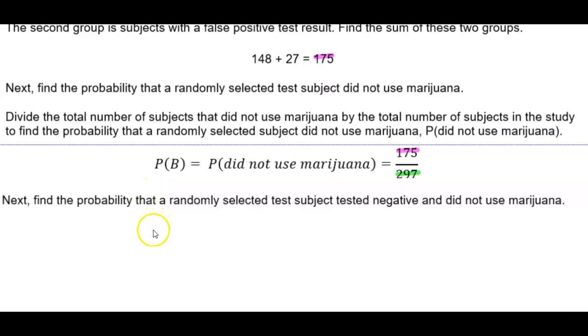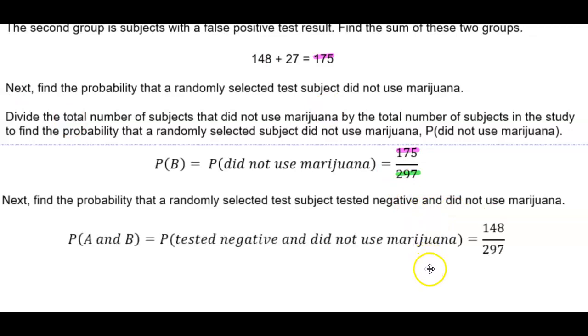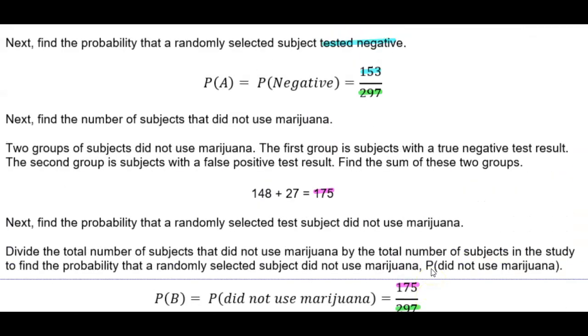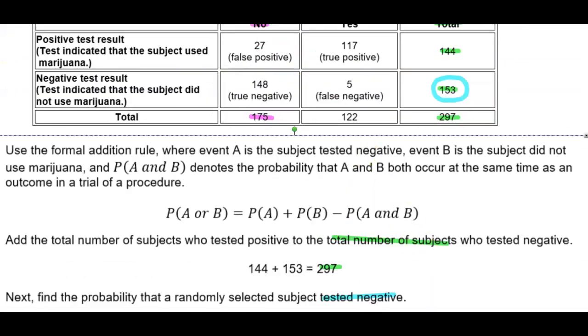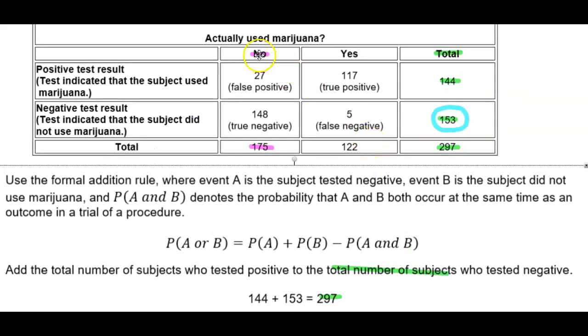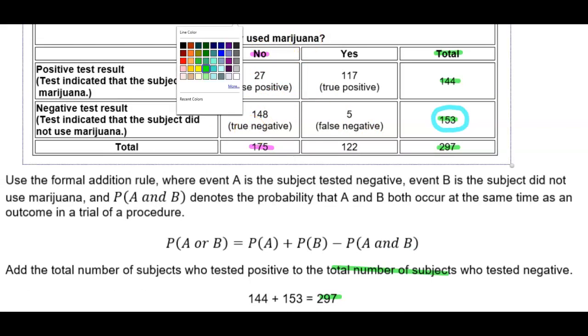Okay. Now we need to find the probability that a randomly selected test subject tested negative and did not use marijuana. So which value is that? We need to come back up here, okay, and look at our table. And in our table, which is that did not actually use marijuana and tested negative. That is the true negative.